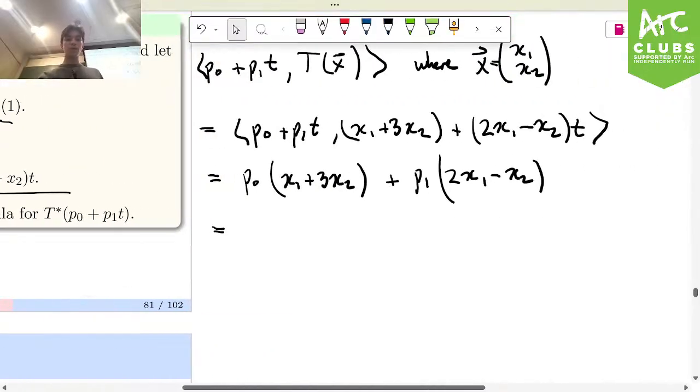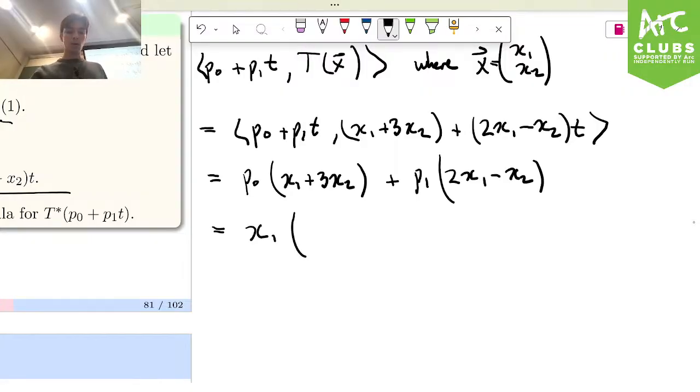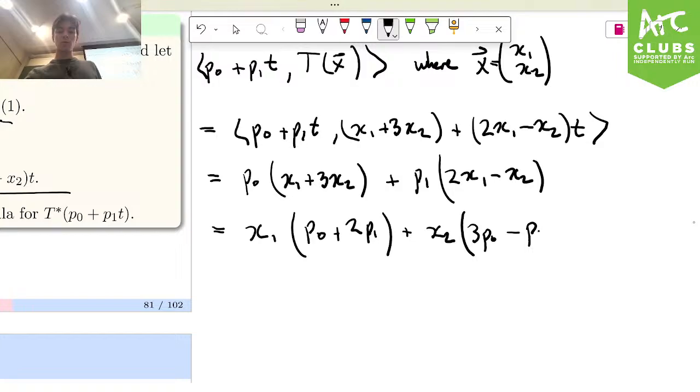So we want to rearrange this to be some linear combination of x1 and x2. That's going to be x1 multiplied by p0 plus 2p1, plus x2 multiplied by 3p0 minus p1.